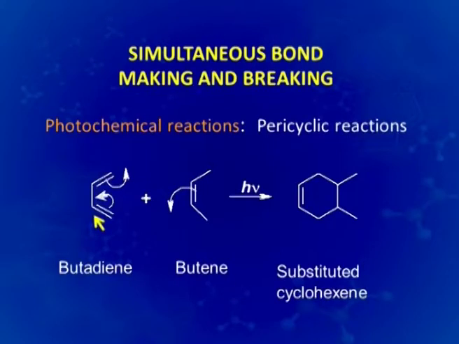This bond in turn gets shifted to the single bond, and a bond from the butene molecule gets shifted in between the butadiene and butene molecule. As a result, we get the formation of a substituted cyclohexene. These types of reactions are called pericyclic reactions, wherein we have simultaneous bond breaking and bond making.